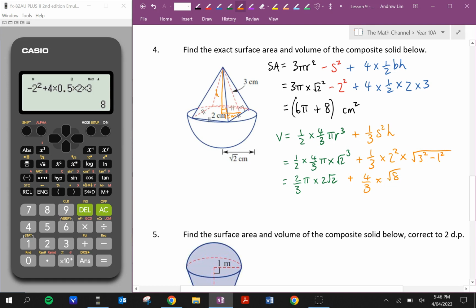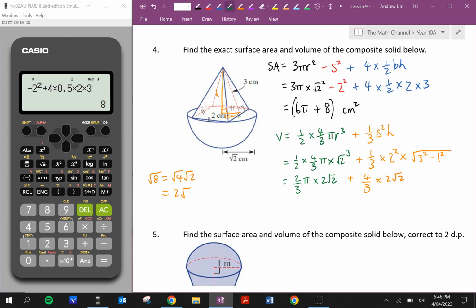The square root of 8 is actually 2 root 2 as well, if you think about it. Because root 8 is equal to root 4 times root 2. Okay, 4 times 2 is 8. And the square root of 4 is 2, so that's 2 root 2. So I might just rewrite this as 2 root 2.